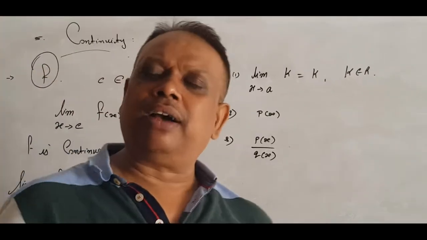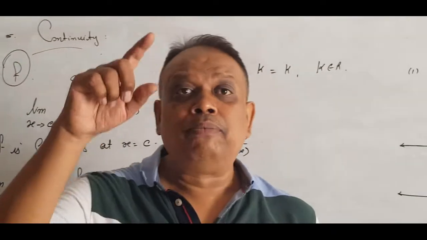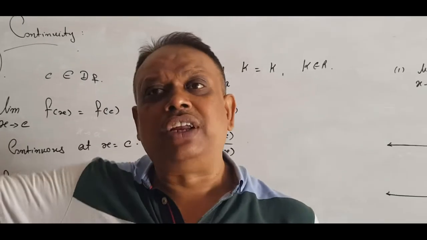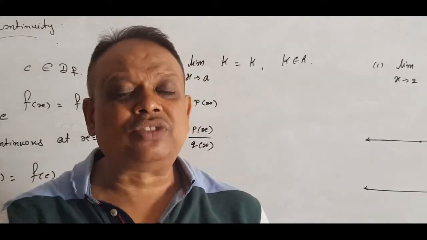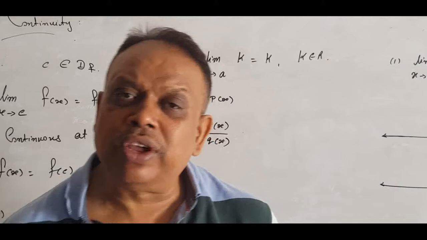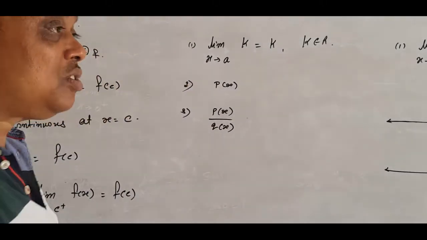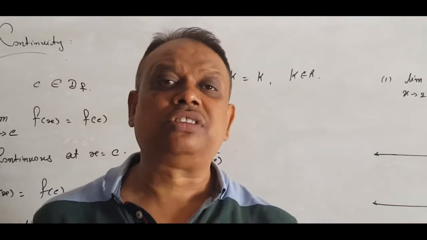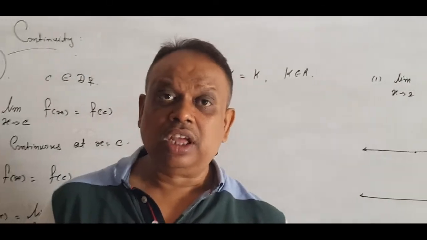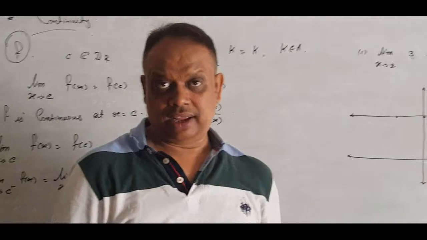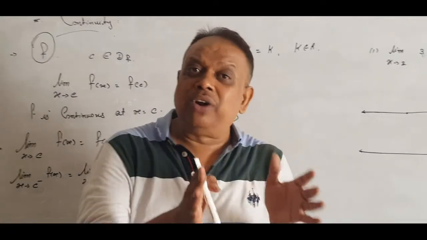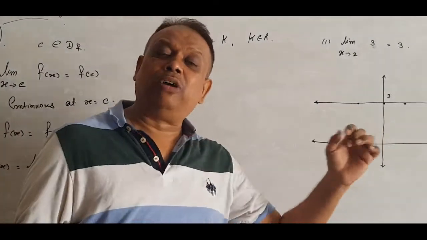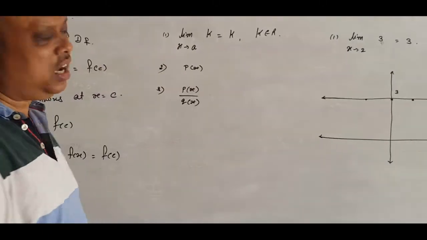Even you can see the graph of sin x. It is always between minus 1 to 1. Sin x, cos x. So again you can say the trigonometric functions are also continuous in their domain only. I repeat, in their domain only.